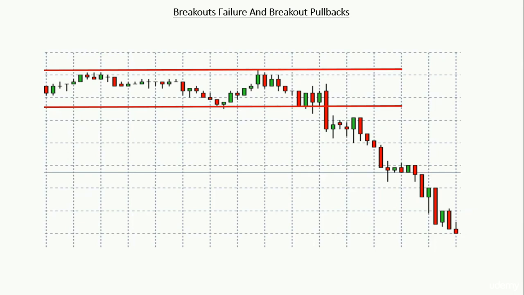For example, in this chart, a bear breakout was initiated with this strong bear trend bar, which is considered a signal bar for the breakout. Institutional traders will look to sell when the price goes below the signal bar, and the bar that exceeds it will be their entry bar.